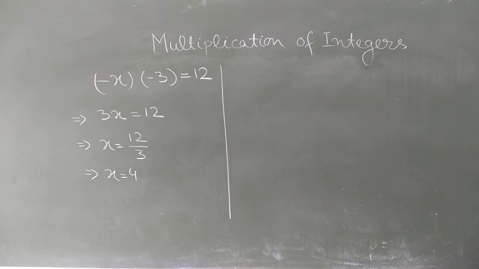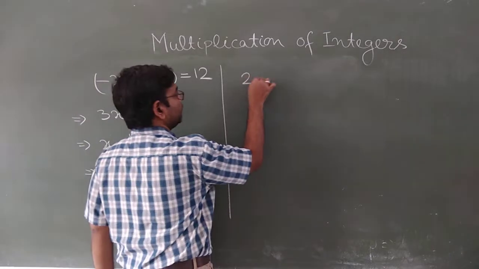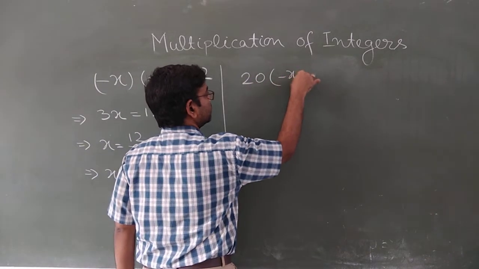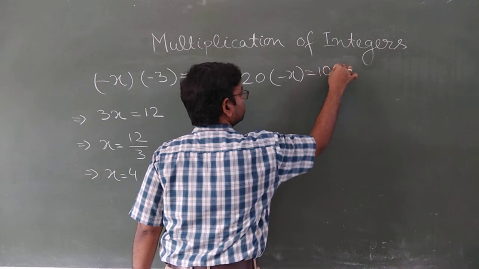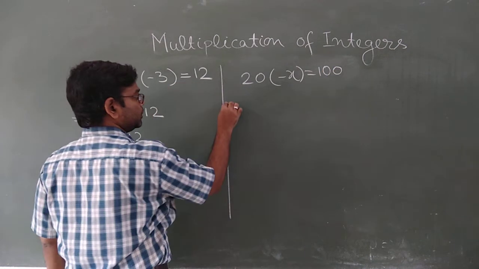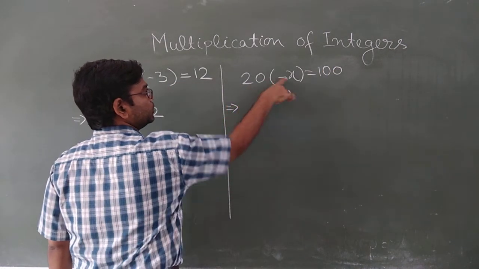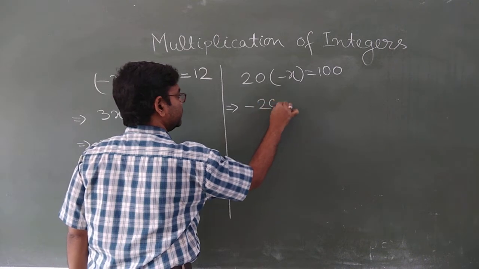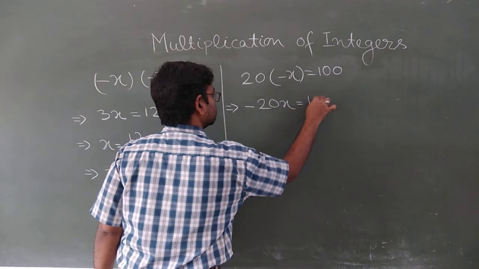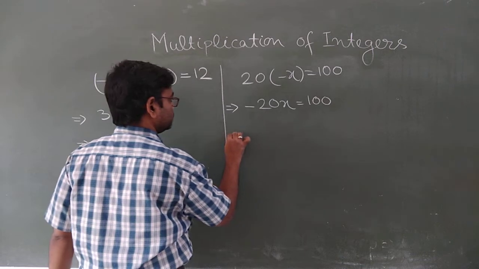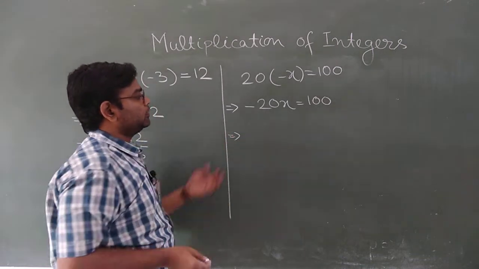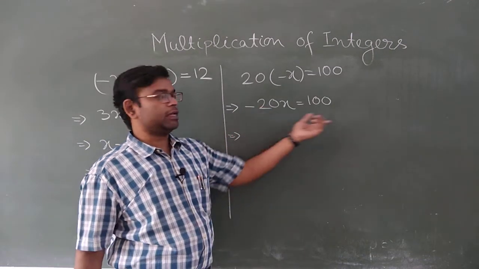Now come to the next part. The next question says find the value of this one. 20 into minus x equals 100. So what is our result? Plus into minus, minus 20x equals 100. Shift this complete minus 20 to that side.